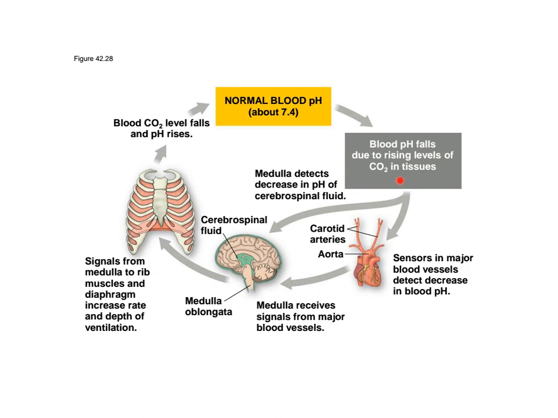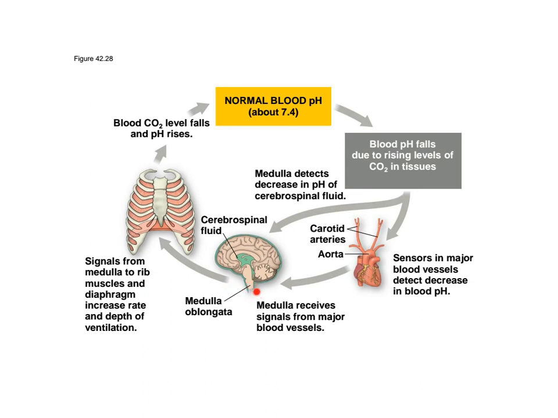The CO2 diffuses into the cerebrospinal fluid of the medulla oblongata, leading to a pH change. A decrease in pH stimulates the medulla oblongata. So it itself also detects this change and says, hey, we need to breathe a bit faster and a bit deeper.